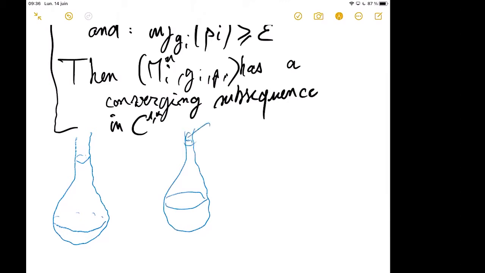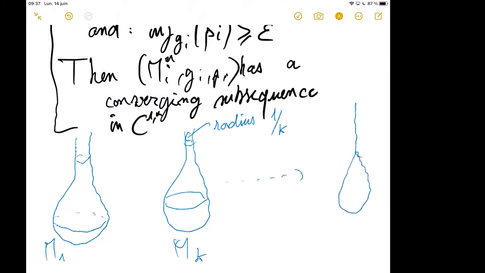Let's say that's M1, and that would be MK, and you attach it to a cylinder of radius 1/k in some way. And you keep the sphere of the same size. So in the limit, you expect to have maybe something like that, if you have some kind of limit.